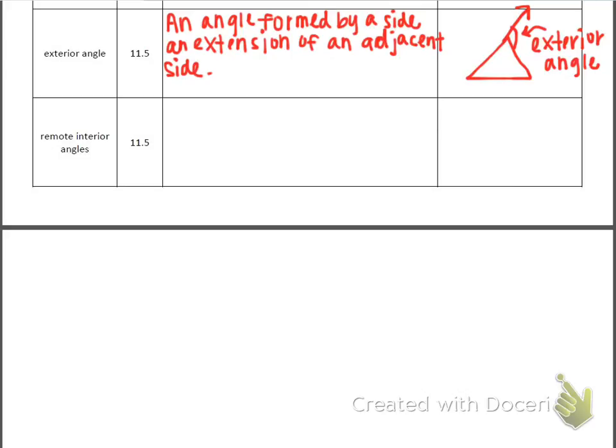We also have what is called remote interior angles. They are related to the exterior angles. So they are the two non-adjacent interior angles of an exterior angle.